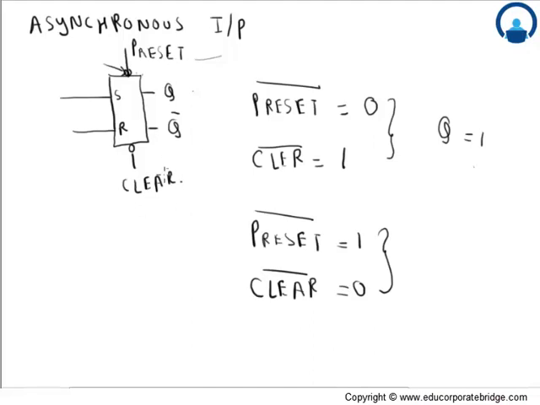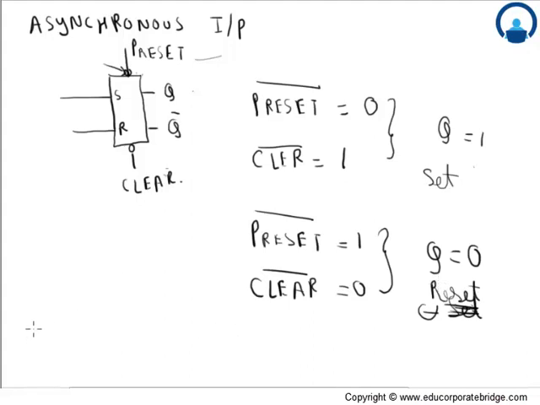So in this case, the clear will be activated and the flip-flop will be cleared. At the output we will get Q equal to 0, which is a reset state, sorry. This can also be called a reset or the clear value. So it clears the flip-flop.